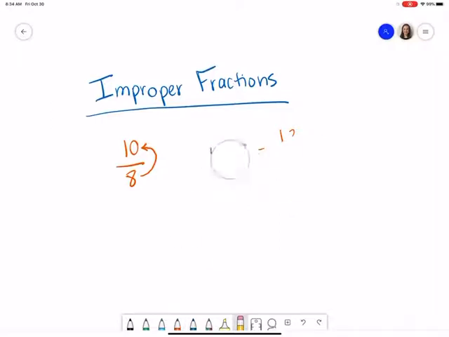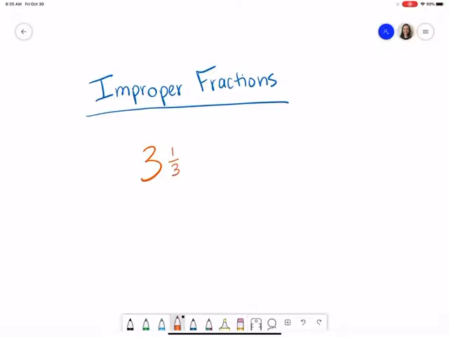Alrighty. Now, what if you are trying to put a mixed number into an improper fraction? I need to turn this mixed number into an improper fraction. Okay, so we've talked about why we do this. But we're going to make it smaller so it's easier to see.